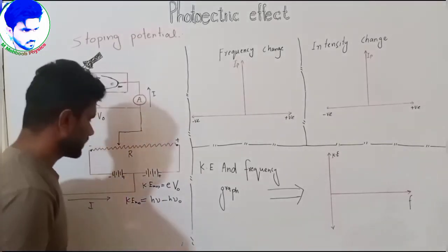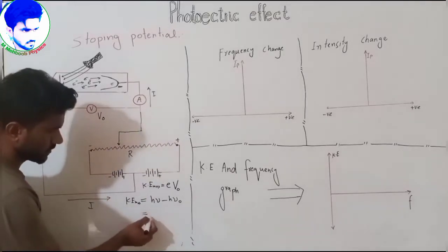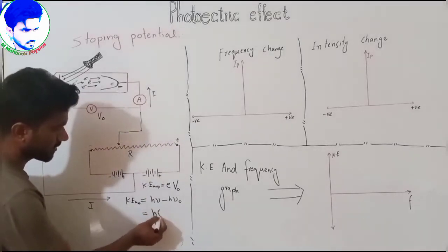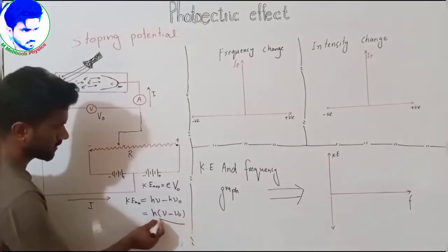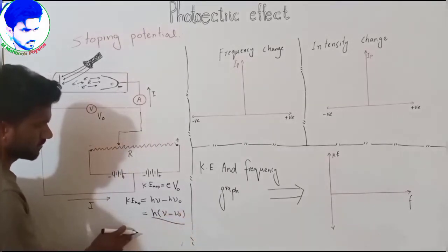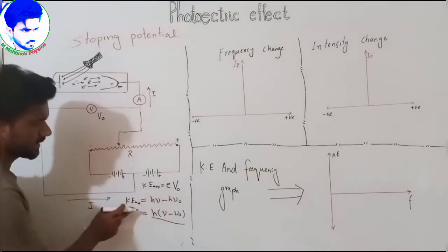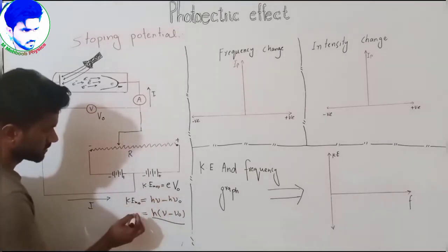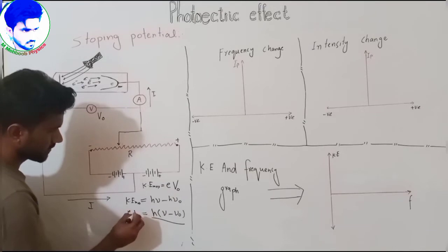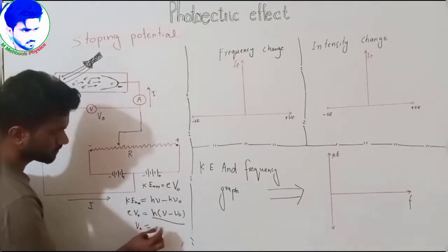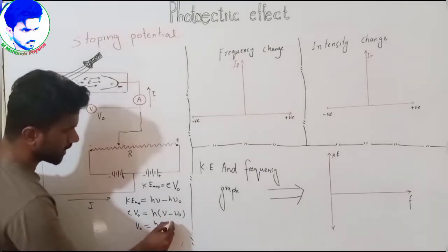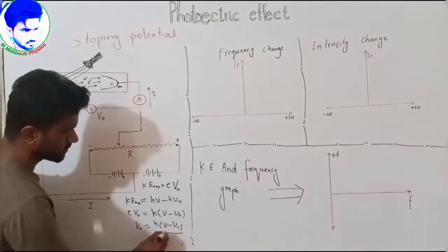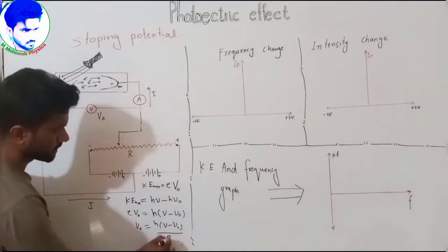And we take Planck's constant h common, h times nu minus nu naught, and also place the value of the kinetic energy, e times V naught, and V naught will be equal to h times nu minus nu naught over e.